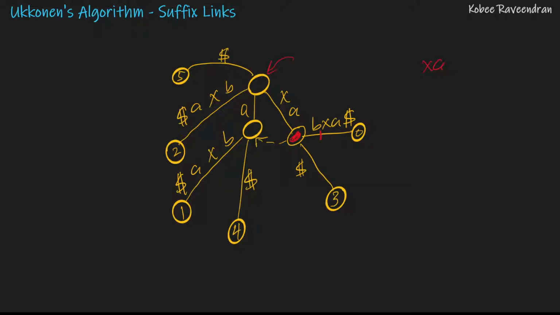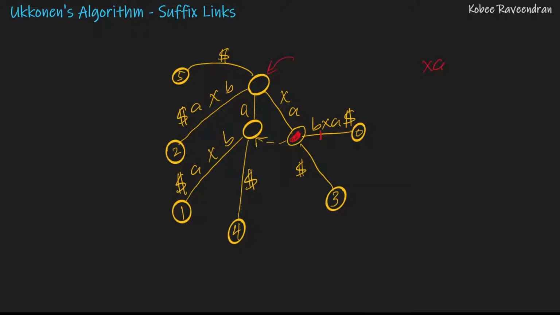Once we resolved the suffix here, we'd have to then find the next active point. But the next active node would probably be another internal node, not the root. So that means we'd have to start at the root again and scan through the tree to find that new active point and active node, which in the worst case would take around linear time. And we want to avoid that, which is why we have suffix links.